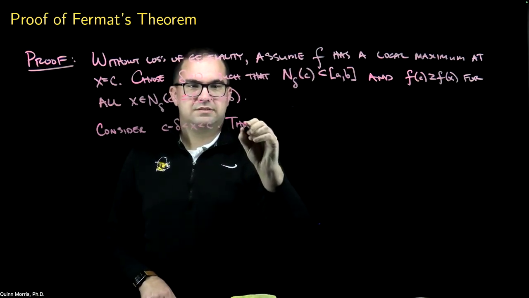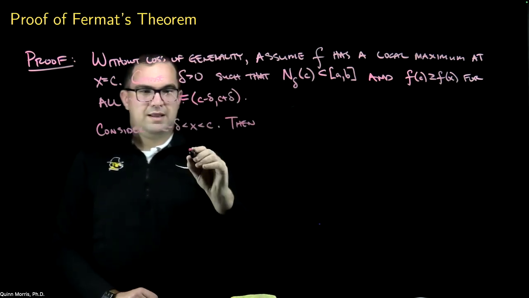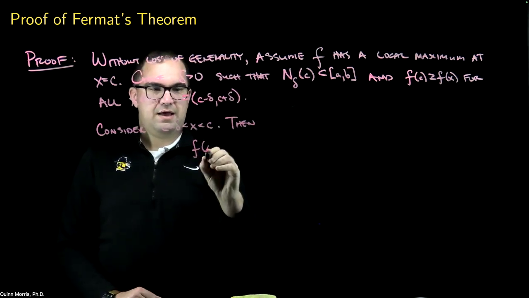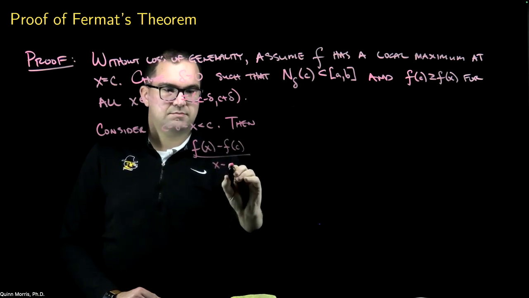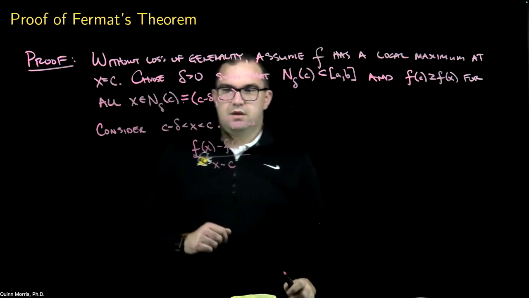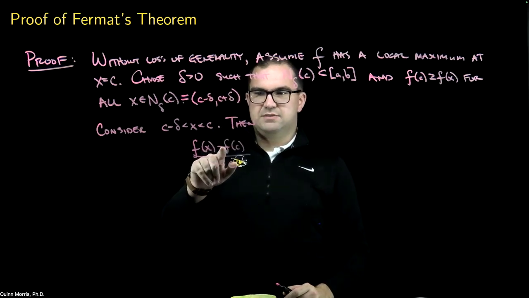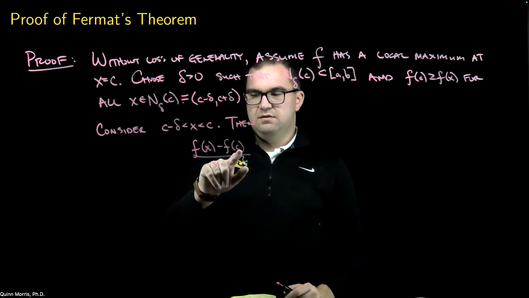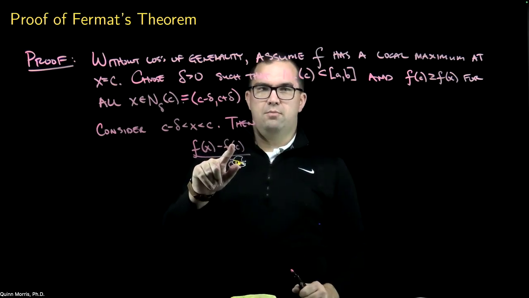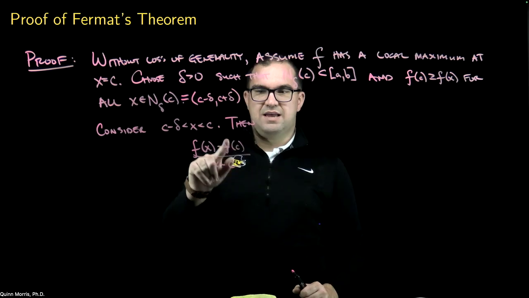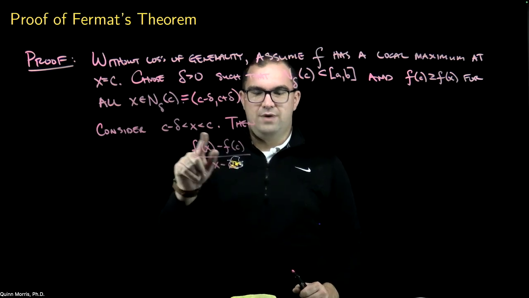Well, in that case, what can I say about f of x minus f of c over x minus c? Well, this top part, f of x minus f of c, f of c is a local maximum value. So f of c will be greater than or equal to f of x.